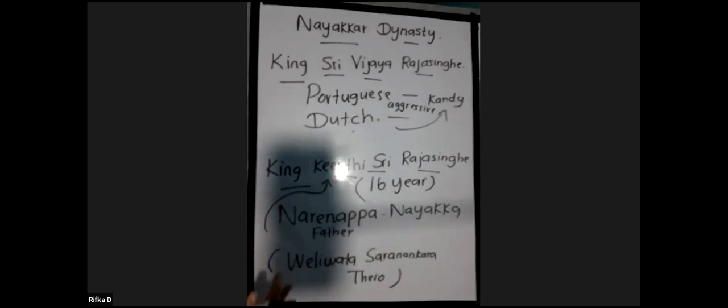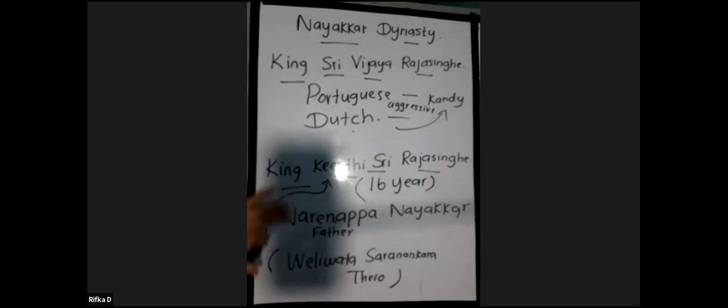So who was the first Nayaka king of the Kandyan kingdom? King Sri Vijaya Raja Singha. After him, his queen's brother, King Kirti Sri Raja Singha, became the king at a very young age, 16 years. Since he was so young, his father, Naranappa Nayaka, assisted him.